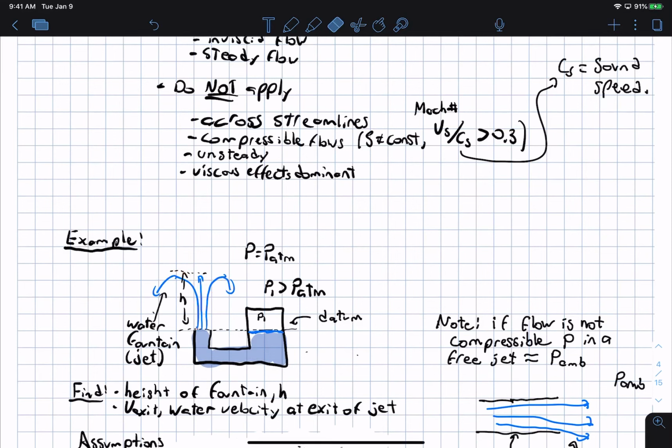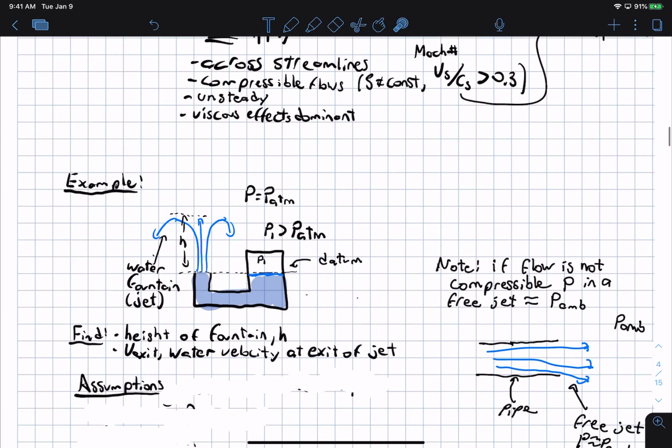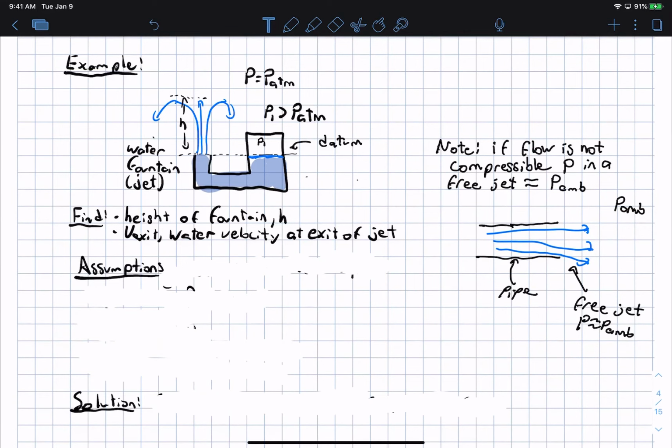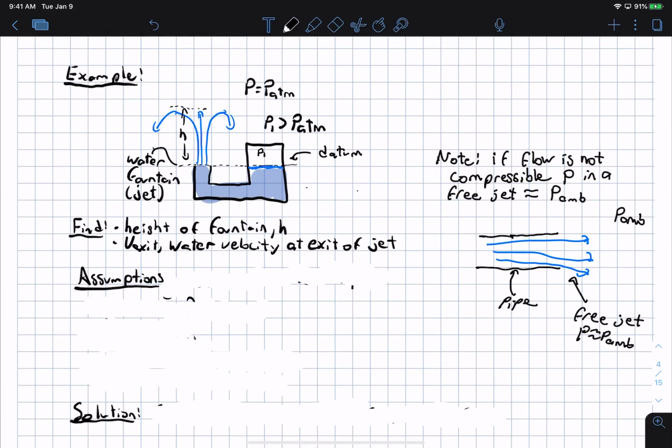The height of the fountain is h, and the pressure in the tank is P1, and the ambient pressure, I'm going to call that atmospheric pressure, or P_atm, and P1 is greater than the atmospheric pressure. So we have basically our pressurized tank just spurting out what's called a jet of water. And I will go over a jet now.